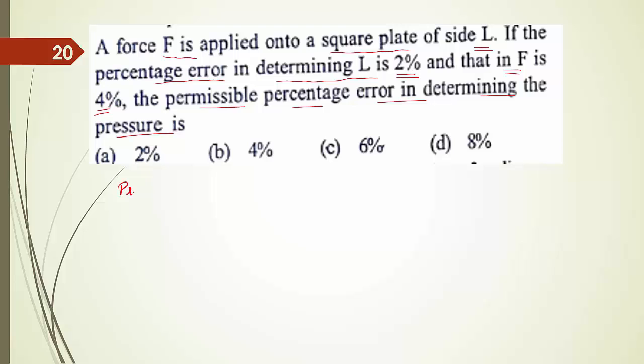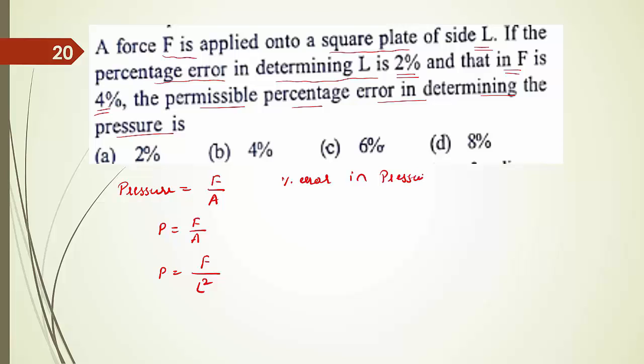First we have to know what is pressure. Pressure means force per unit area, that is P equals F divided by A. A indicates area. Instead of area, we can write L², because area is length into breadth, or we can directly write here L². Now we can find percentage error in pressure.